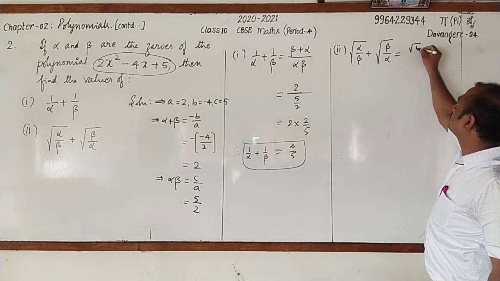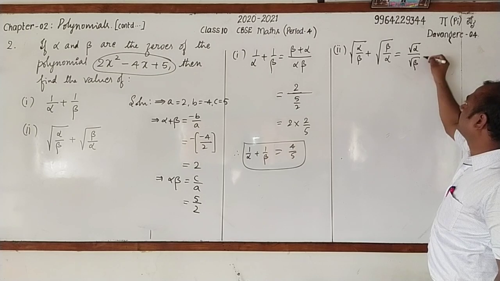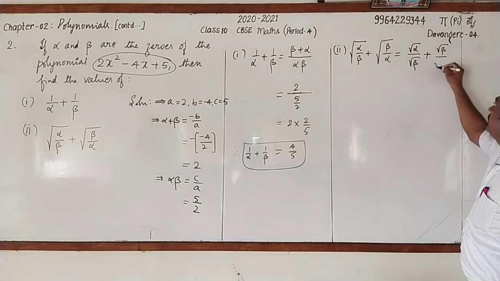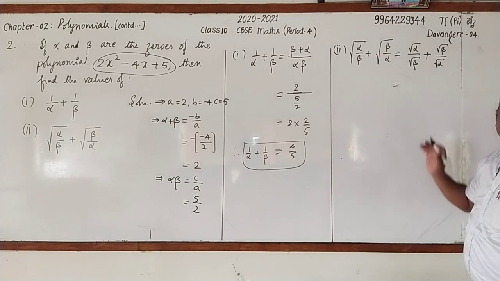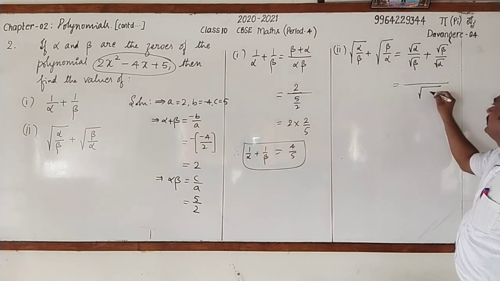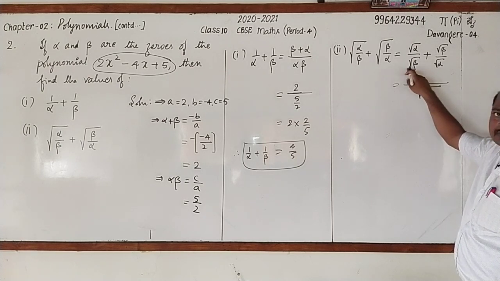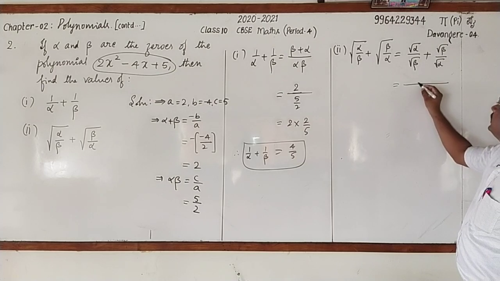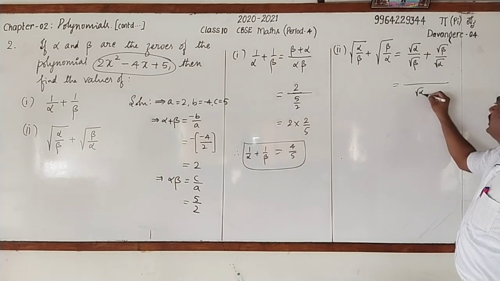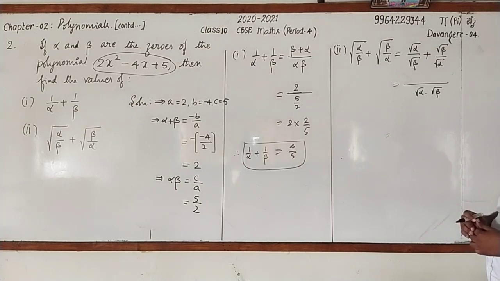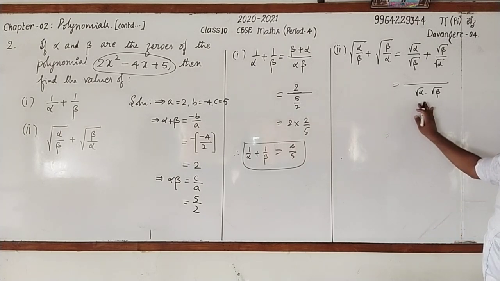It can be written as root alpha by root beta. The second term can be written as root beta by root alpha. Understood? Now take the LCM. What is the LCM? Square root of alpha into square root of beta. Hope that you have understood. It is square root of alpha into square root of beta, which is nothing but square root of alpha into beta, with the numerator alpha plus beta.